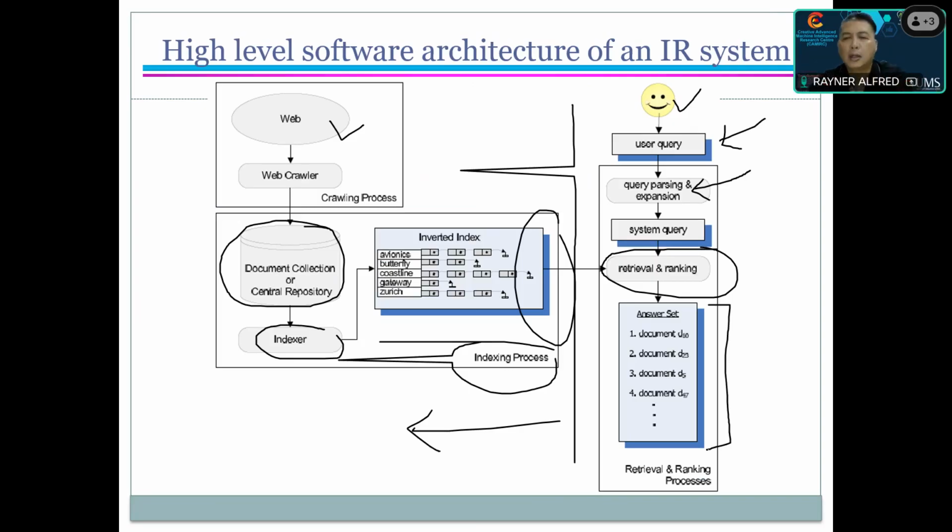Similar to Google, when you type something, they rank the list based on the degree of relevancy of the documents with respect to the query or keyword that you type. So that is the high-level software architecture of an IR system.